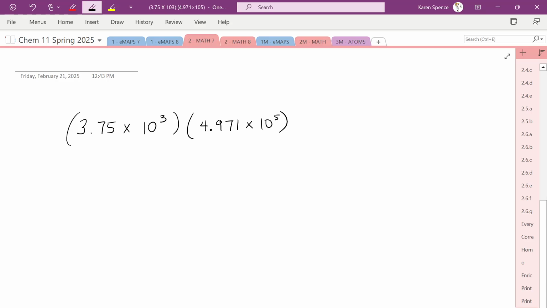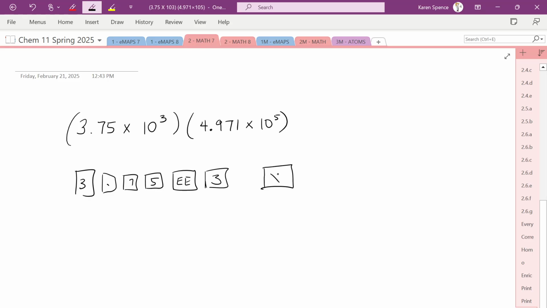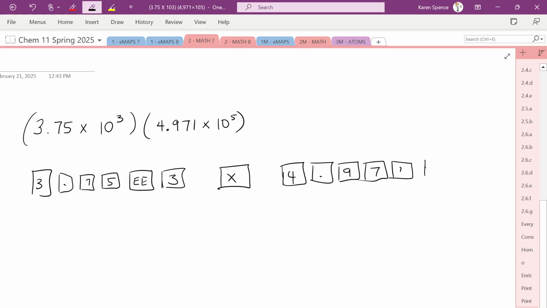Pick up your calculator and type in 3.75 and then whatever your EE button is, EXP, whatever, 3. And then you'll type in times, and then you'll type in 4.971 EE 5.